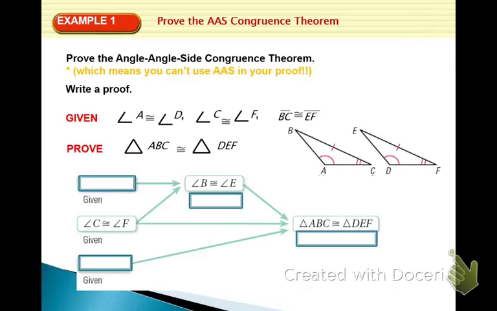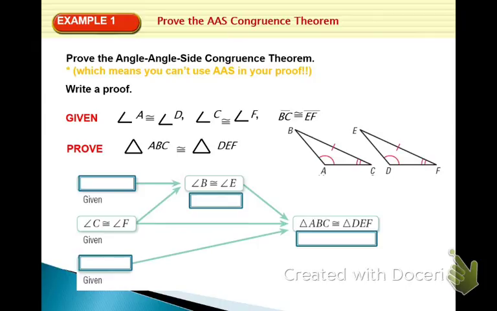But we know that C and F are congruent. And as we have it marked in the figure, A and D are congruent. What would be able to make us say that B is congruent to E? If you put line BC is congruent to line EF in the first box.